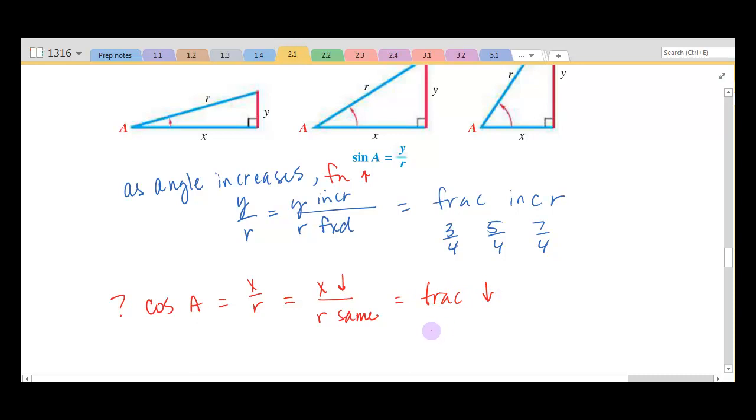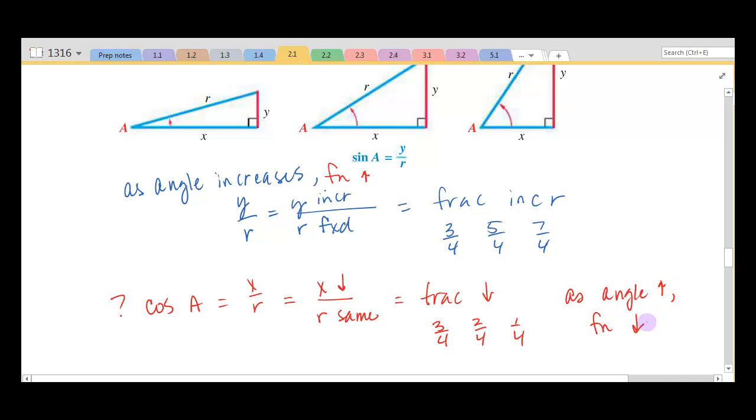Again, let's try it this way. If I said 3/4, 2/4, and 1/4, you can see that my numerator is getting smaller, and therefore my fraction is getting smaller. So for this case, when we talk about the cosine of angle A, as the angle increases, the function decreases.